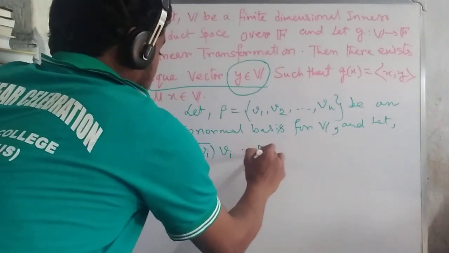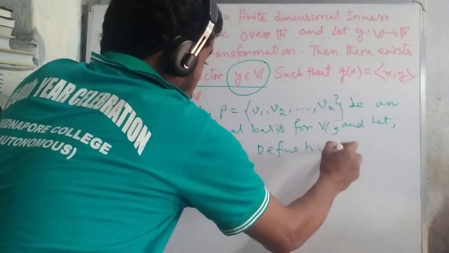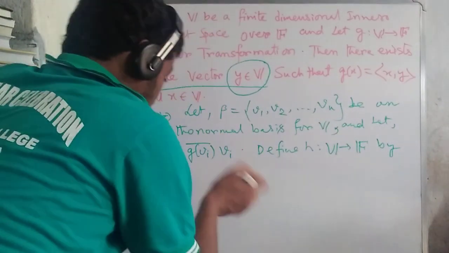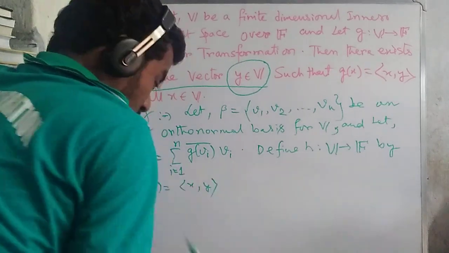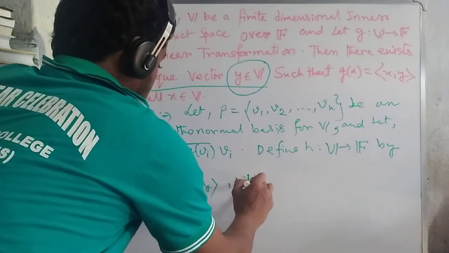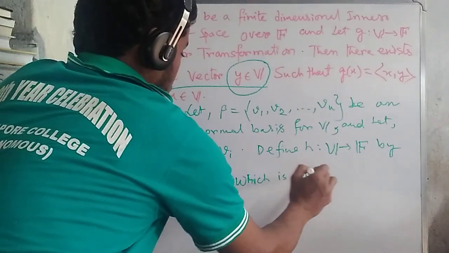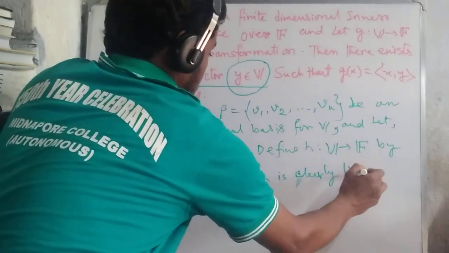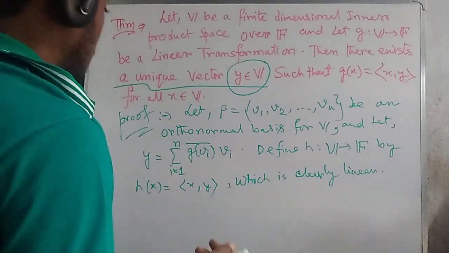Now define h from V to F by h(x) equal to the inner product of x and y, which is clearly linear.